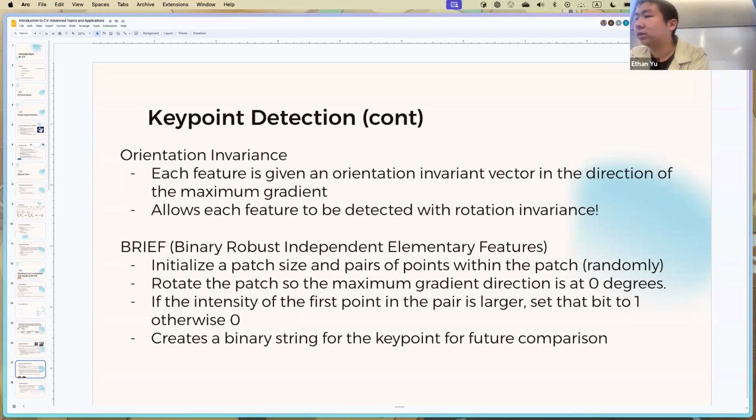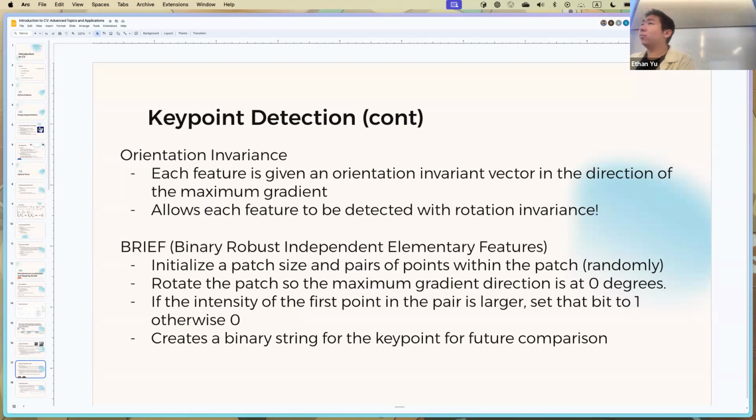BRIEF stands for binary robust independent elementary features. Basically, for the features that we have at this point, we take a patch around it. You can think of it as a circle around it. Then we get the orientation vector and align it, so no matter which way we look at it, it's facing the same direction.